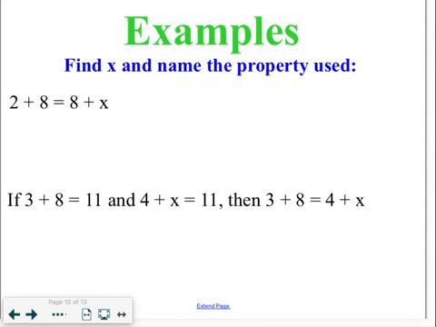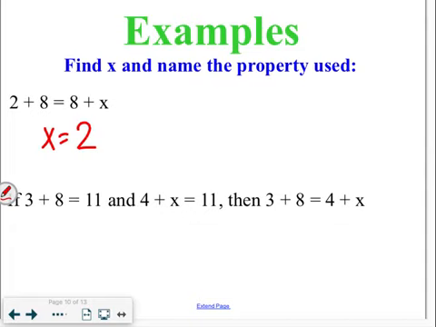The other thing they're going to ask you to do is to find the x and name the property used. So we got 2 plus 8 is equal to 8 plus x. That x, if you look at it, is going to have to equal 2. And there are actually 2 properties that we could use for this one.